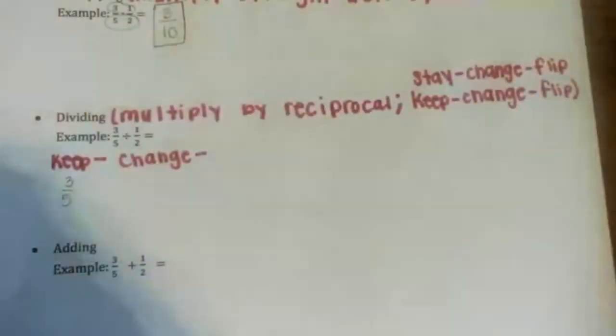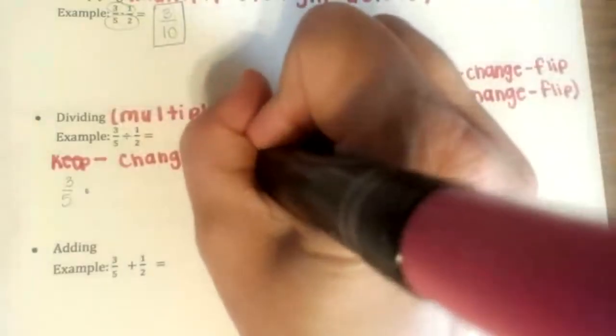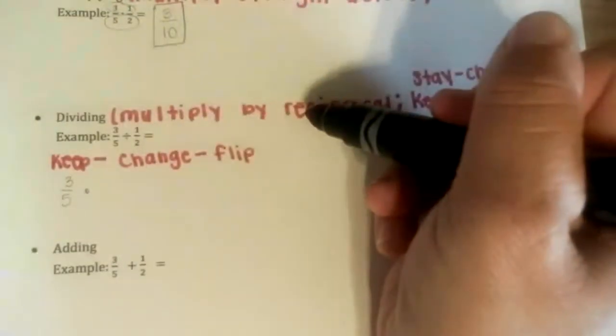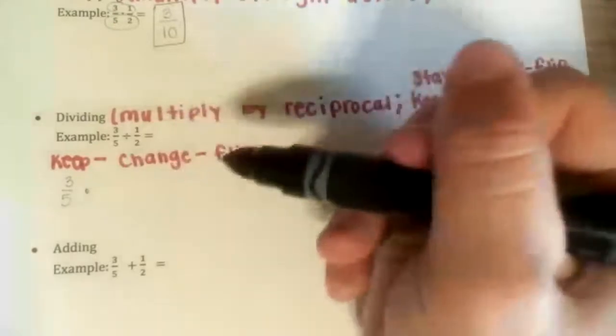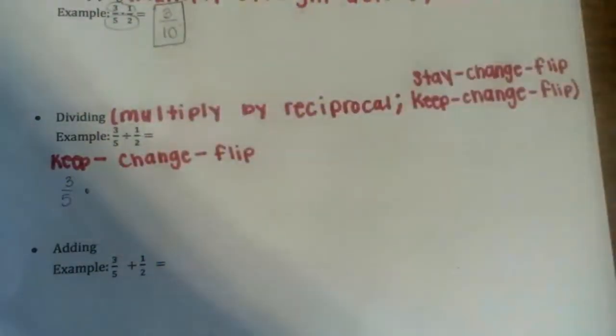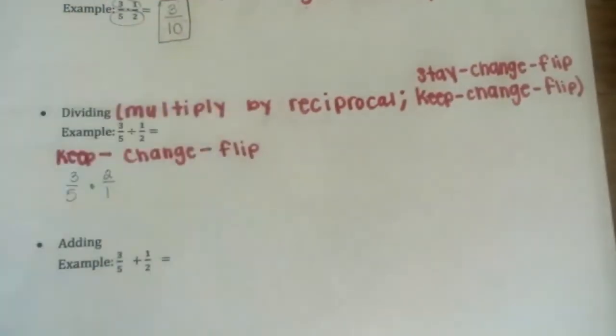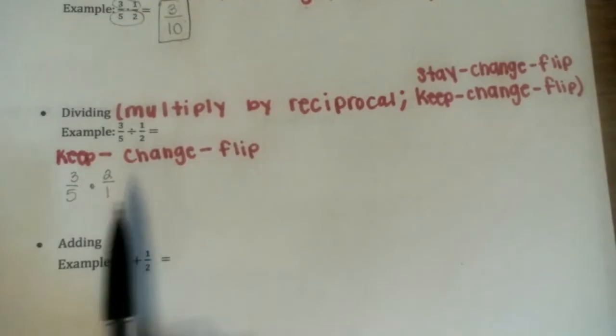That means we're going to change it from division to multiplication. And we are going to flip that last fraction. The flipping is what makes it the reciprocal. So we're still multiplying by the flip or multiplying by the reciprocal. So flipping 1/2, that would give us 2/1. So now we have 3/5 times 2/1.